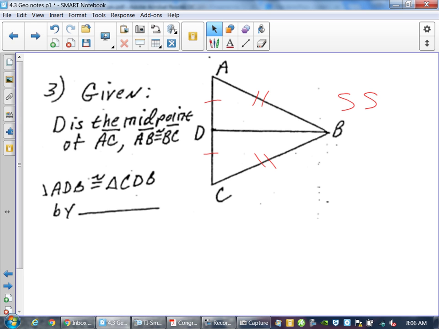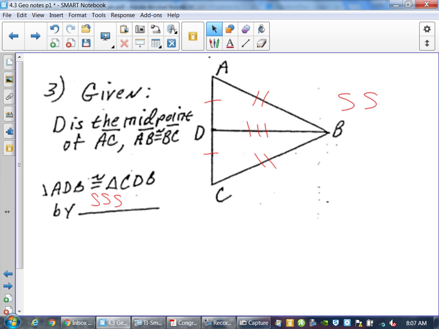That's how you're able to decide which one to use. Write down what you know right away. You know you have 2 sides, so make 2 S's. Then ask, can I find an angle between them, or can I find a side after them? Here's your side because it's reflexive, and you get side, side, side. Does that make sense? That's a great trick to remember.